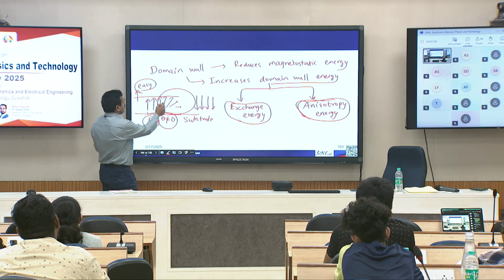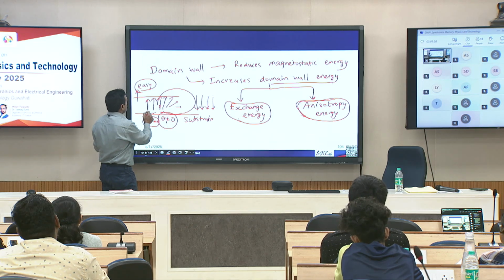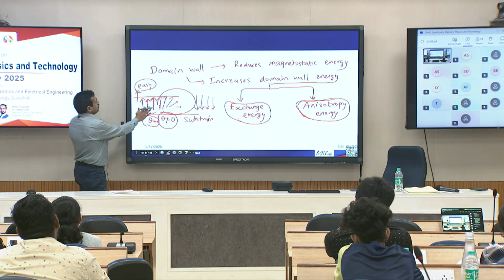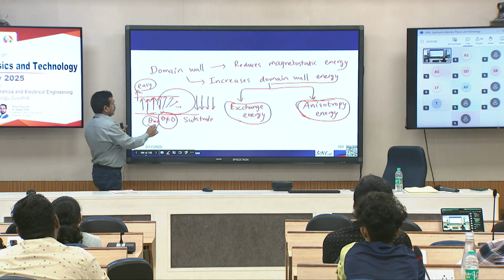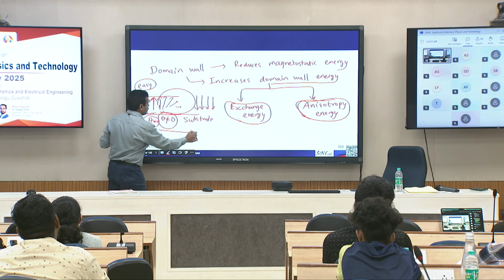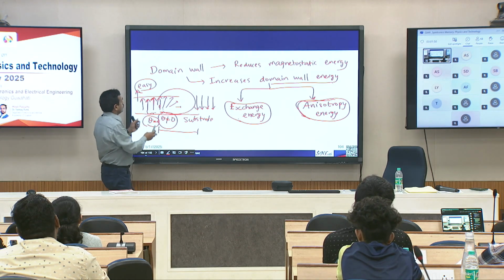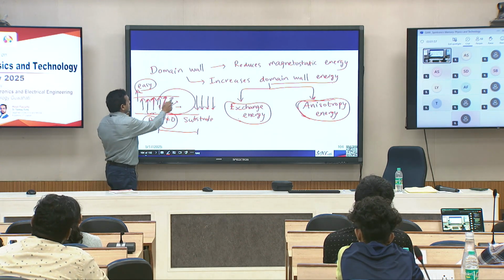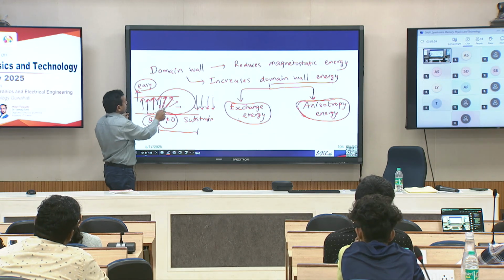Looking at all these spins, these are in the easy direction, so there is no energy contribution from these spins, but all the spins in the domain wall region are not in the easy direction. This one is deviated from the easy direction by a certain angle, this is deviated even further.